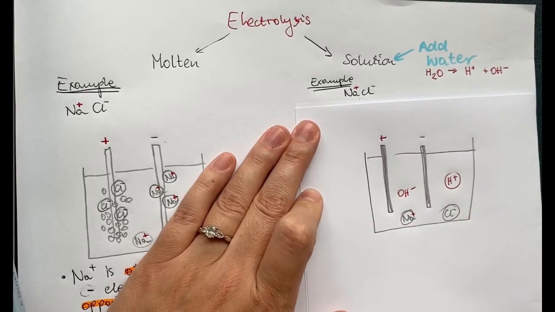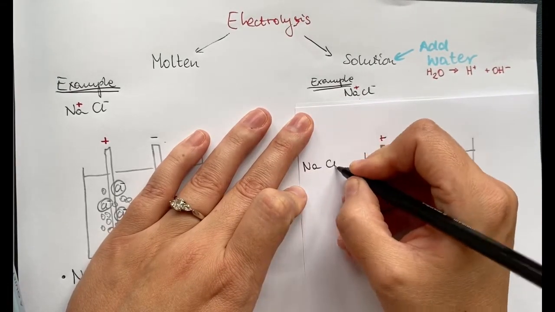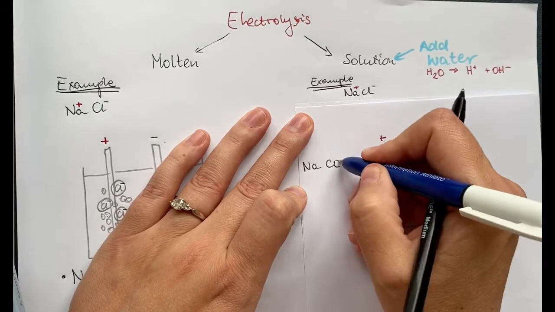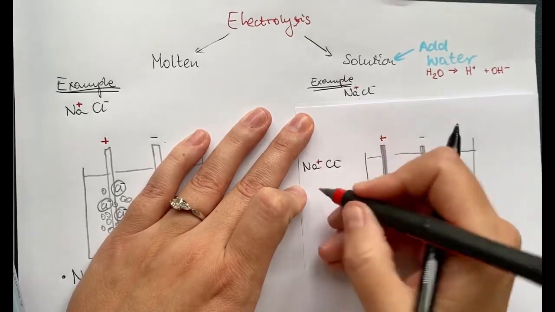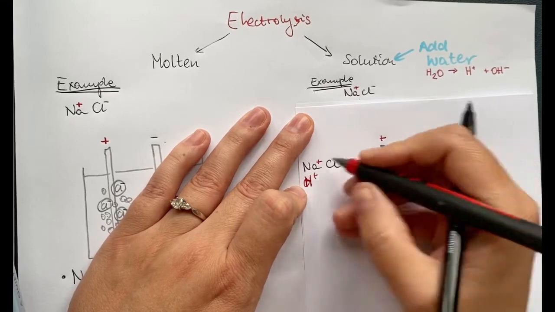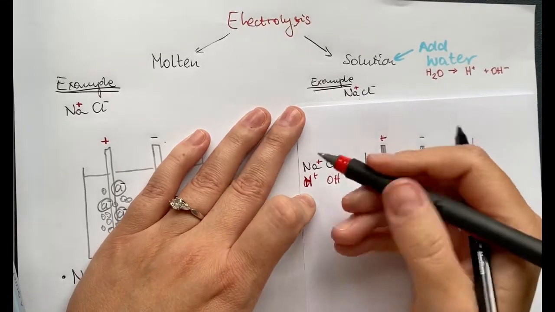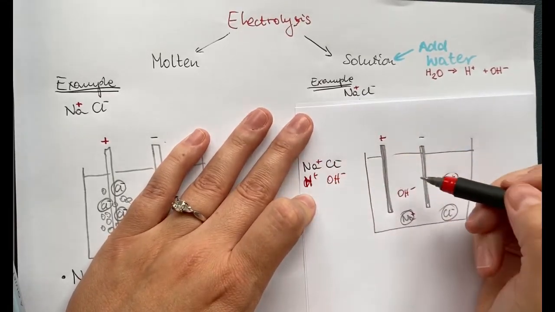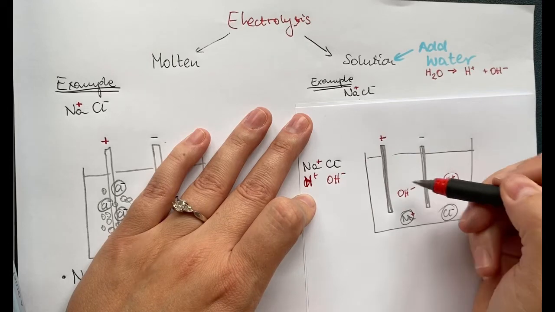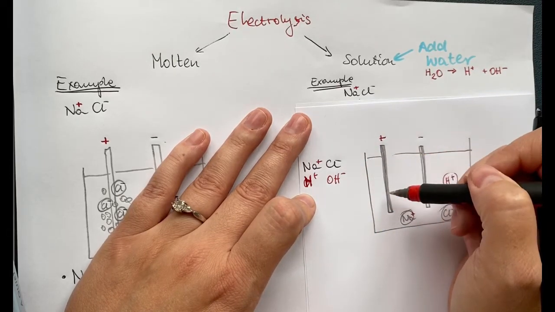So I've got sodium chloride, and I've also got hydrogen and hydroxide ions. Only one positive ion can deposit on the negative electrode, and only one negative ion can deposit on the positive electrode.